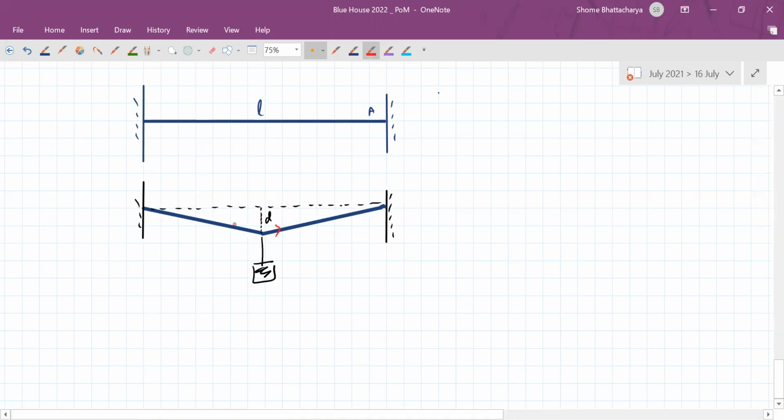So now if we take this angle as theta, you can see that 2T sine theta is equal to mg.